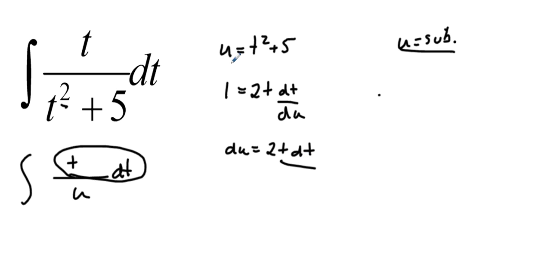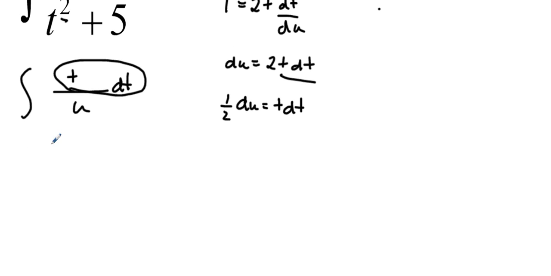And that's what you look for in u substitution. First off, you take a u, and then if you take the derivative of that, do you get an expression that can replace the remaining part of your integral? Here we do. I just have to get rid of the 2, so I'm going to go 1/2 du, and that equals t dt.